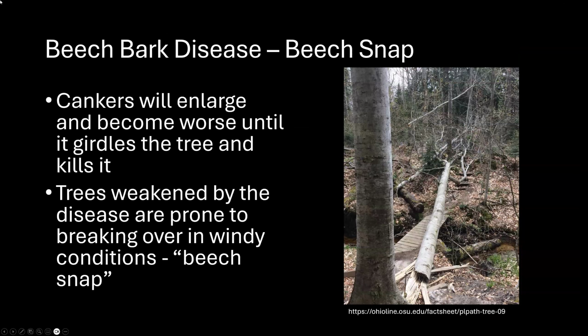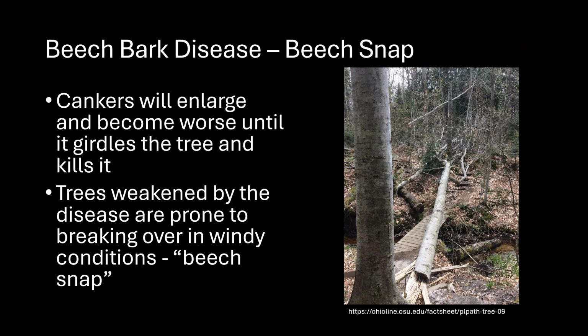So, what happens once all these things occur? Well, like I said, unfortunately, it is eventually going to be a death sentence. But what we also see is this concept of beech snap.